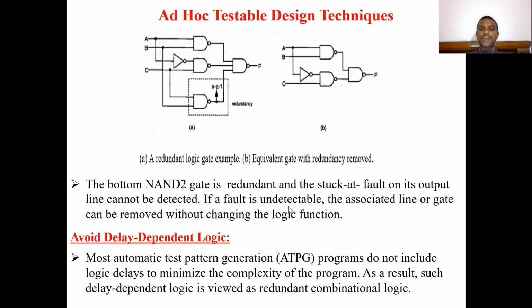If a fault is undetectable, the associated line or gate can be removed without changing the logic function. That is why this gate is removed, and it gives the same output. So that is about avoiding asynchronous logic and redundant logic in ad hoc testable design techniques.